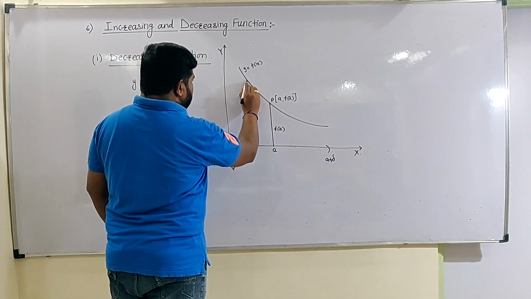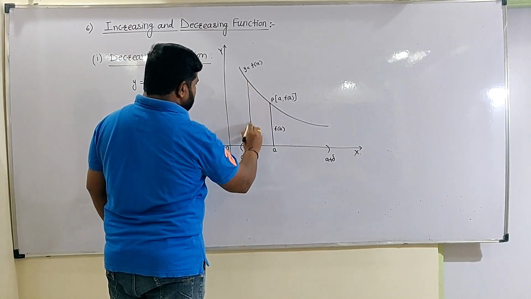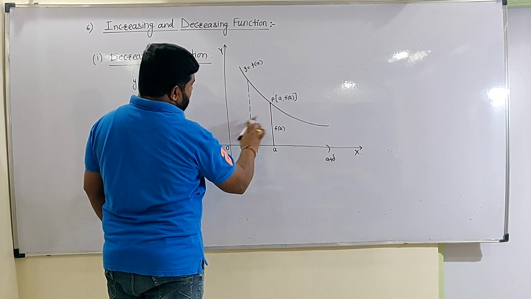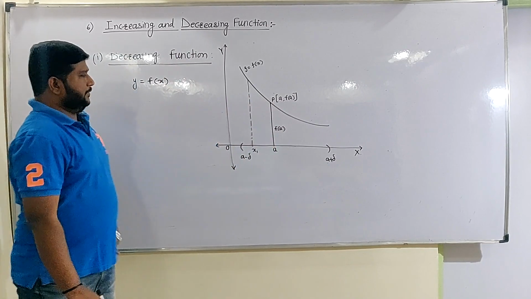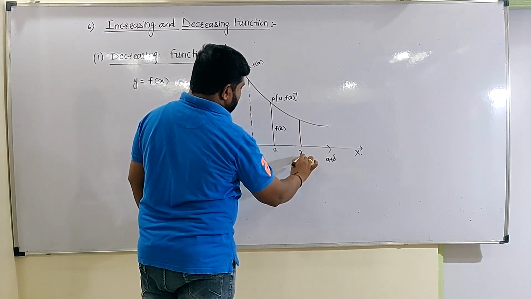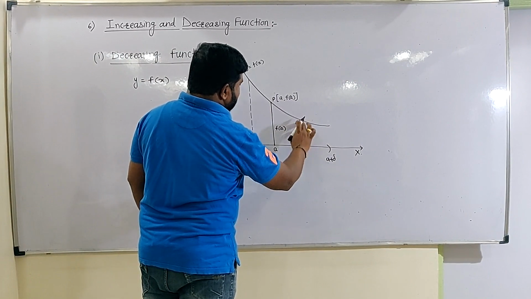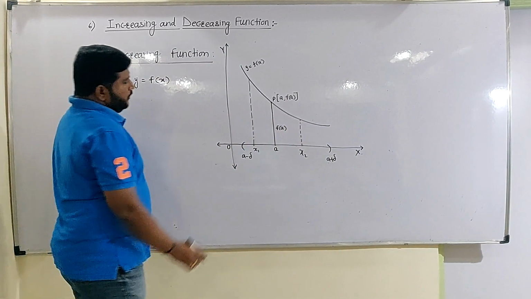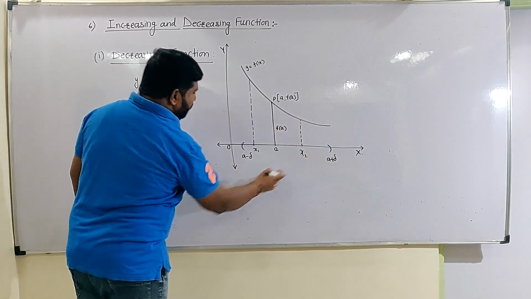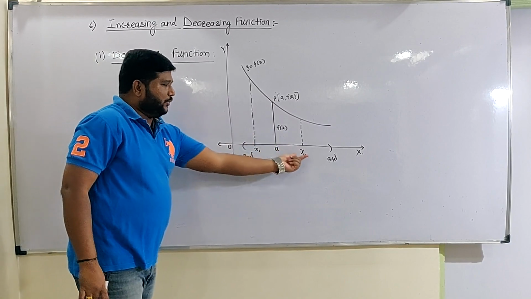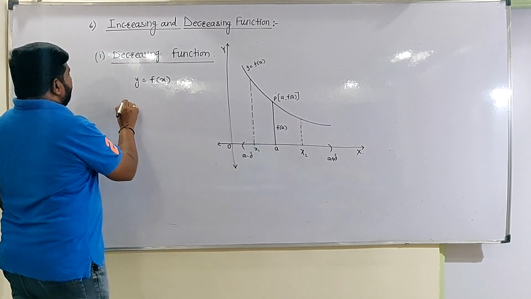So this is x1, and this is x2. So here x1 is less than x2 because on the x-axis x1 is the smaller value and x2 is what? Greater value.